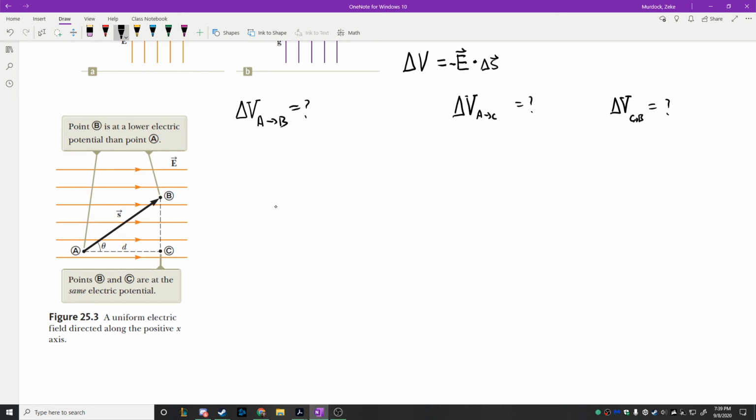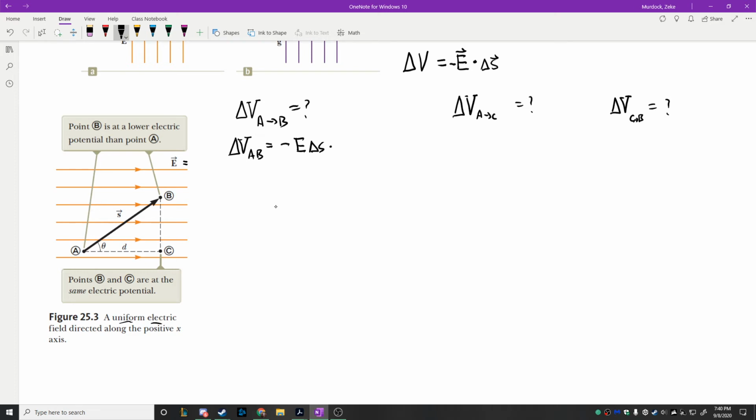To go from A to B, we have negative electric field. The electric field in this region of space is uniform, so it's the same value everywhere. It's just some number, like 20 volts per meter. You multiply by delta S, and then by the angle between the two of them.